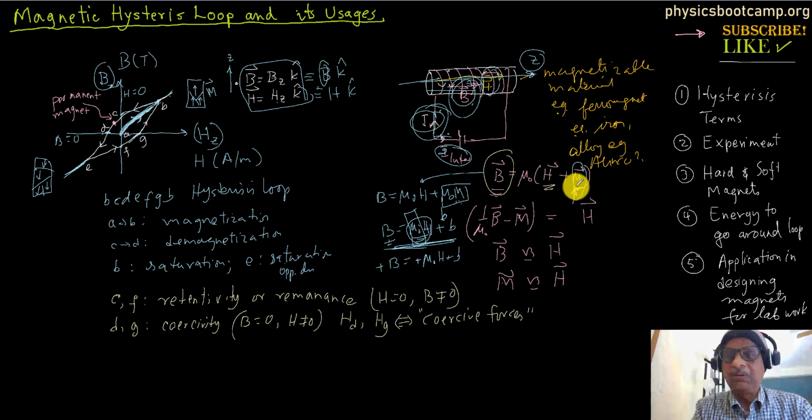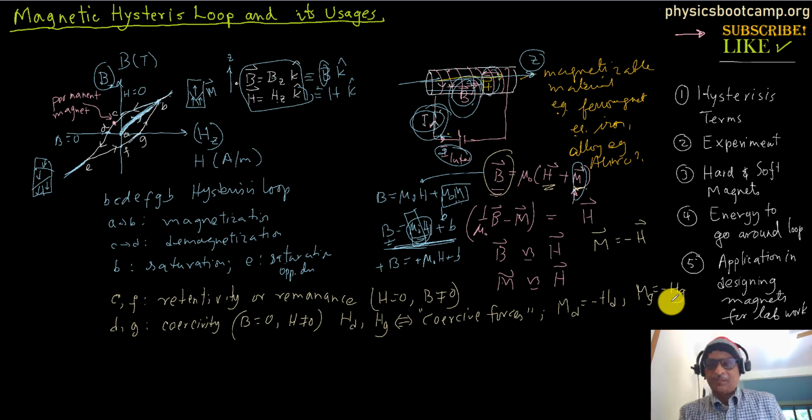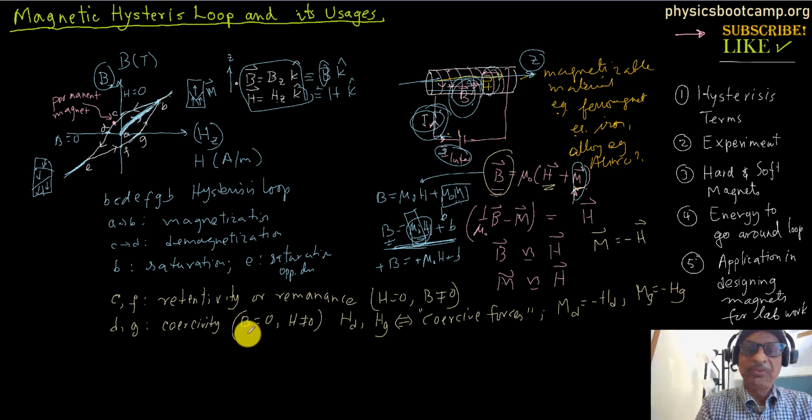That's why B is 0. So it's not like magnetization is 0. So at that point, you can say magnetization is equal to minus H. So magnetization at D equals H at D, and magnetization at G equals minus H at G. So there is magnetization, but it is being coerced so that the magnetic field is 0 inside the magnet.